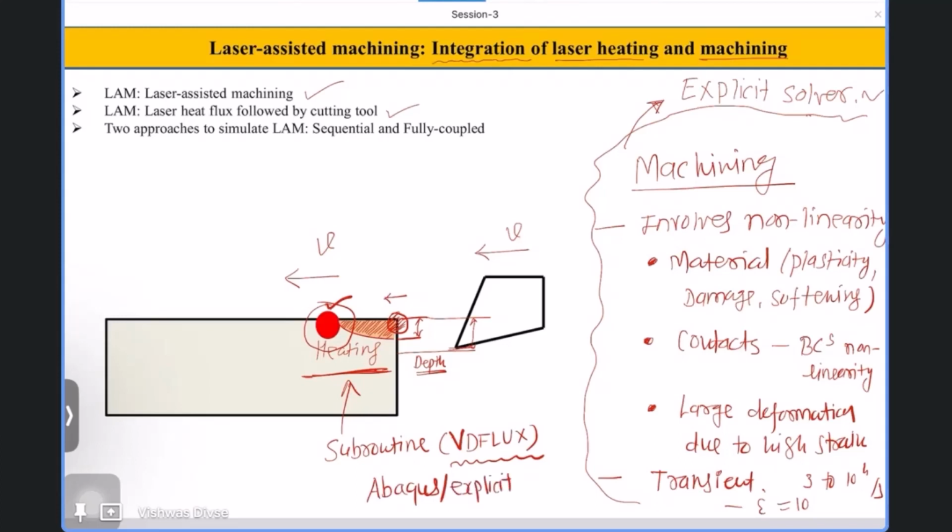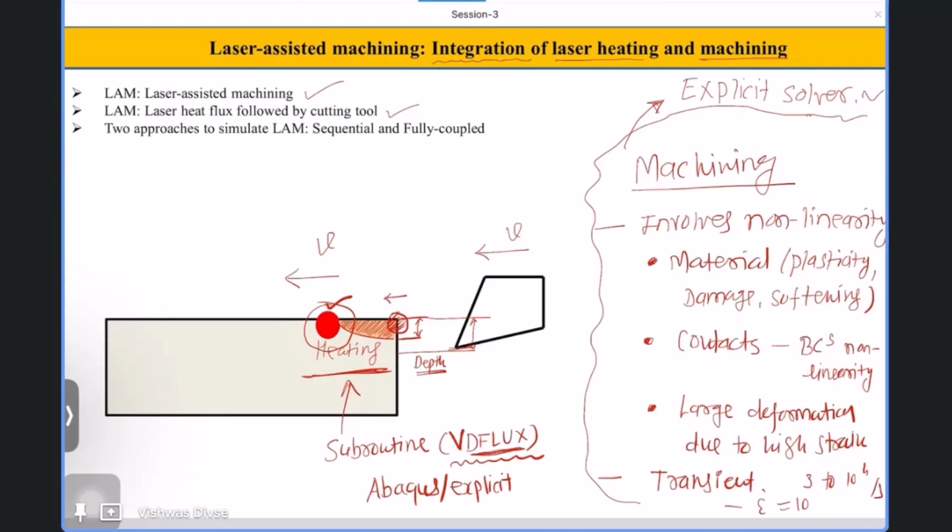If you remove the V, DFLUX is for Abaqus Standard or Abaqus implicit. So that's why we have to use the VDFLUX subroutine and Abaqus Explicit to solve this problem.